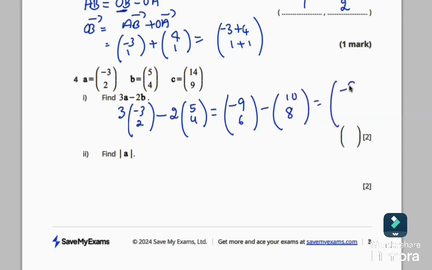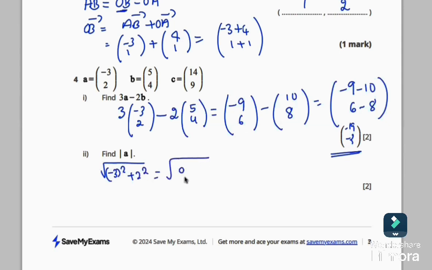So minus 9 minus 10 and 6 minus 8 becomes (-19, -2). So once again, the magnitude. The magnitude of this is given by (-3) squared plus 2 squared, which is 9 plus 4, which is going to be root 13.